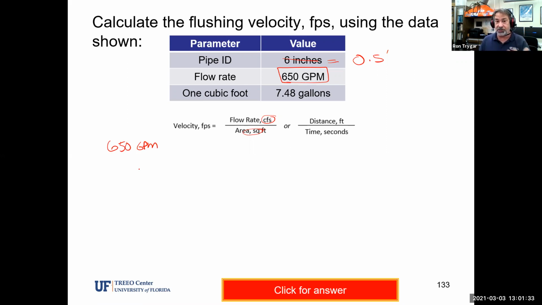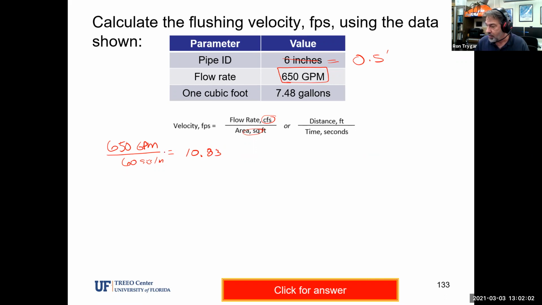We need these numbers to get smaller because we're working towards individual little cubic feet per second. So 650 gallons per minute, let's divide that by 60 seconds per minute, and we're going to get gallons per second. So 650 divided by 60, and I get 10.83.